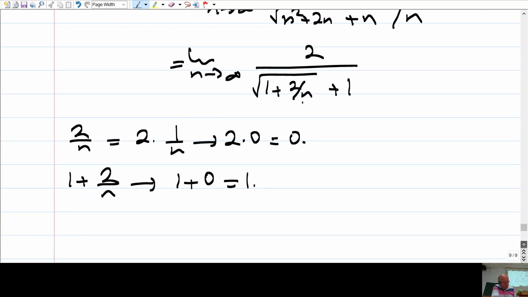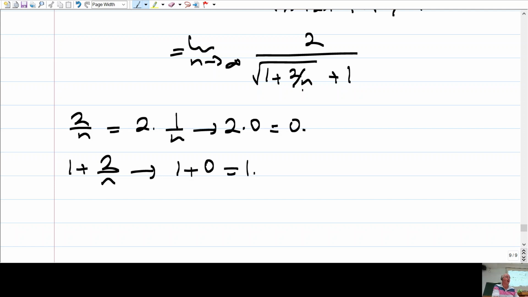What about this? Here I have a function, the square root function, f of x, which is square root of x, and this is a continuous function. And what you put inside goes to 1.